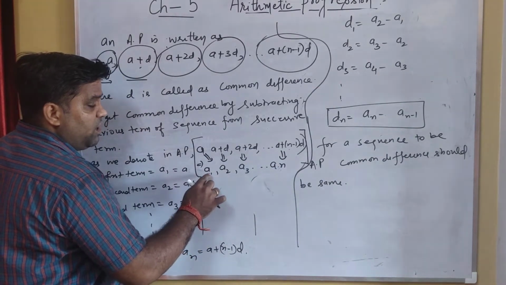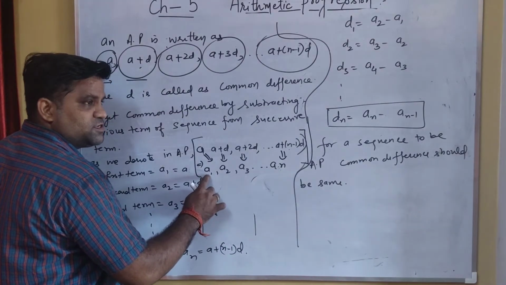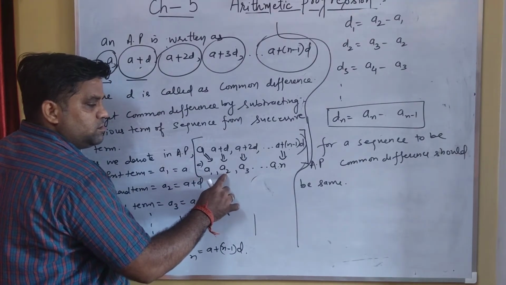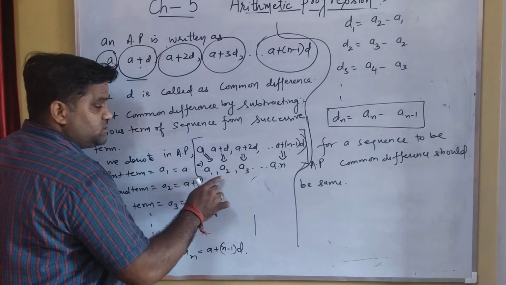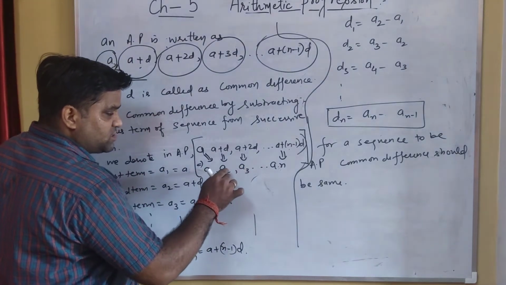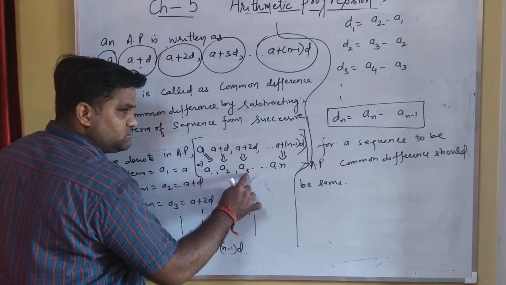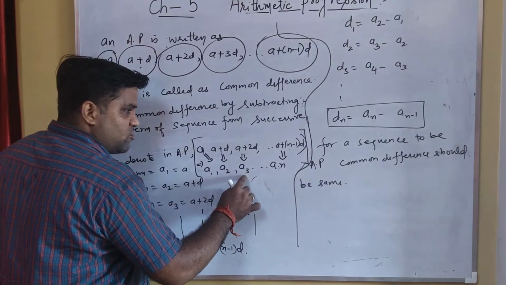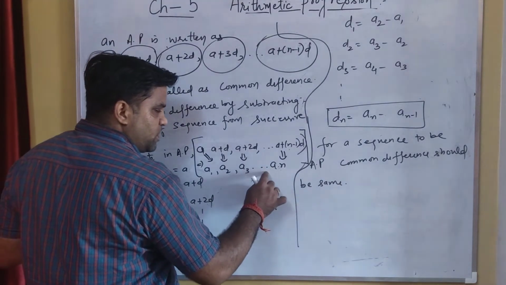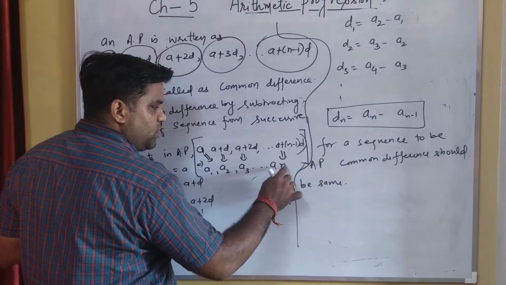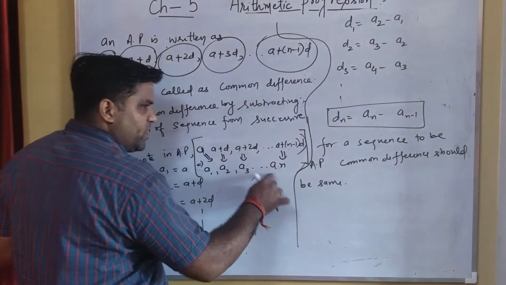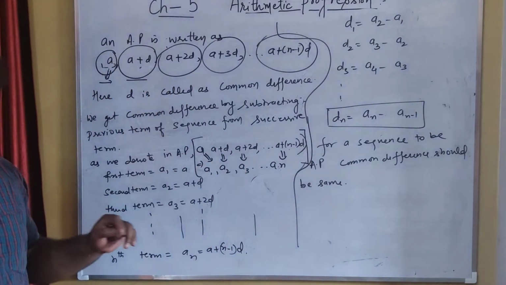So if we subtract the first term from the second term, we get the common difference. Similarly, if we subtract the second term from the third term, we get our common difference. Similarly, if we subtract the (n minus 1)th term from the nth term, we get the common difference.